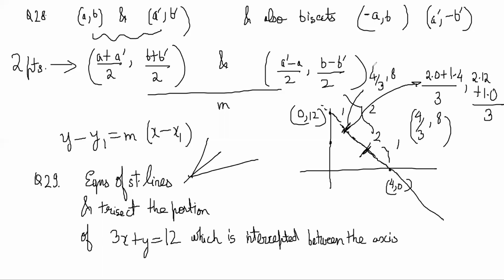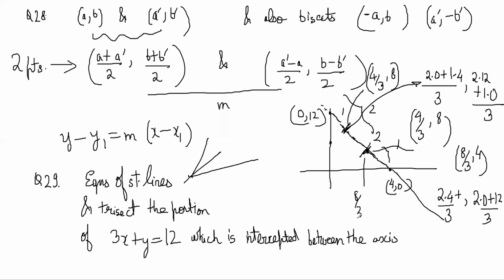And the other point, in the ratio 2 is to 1: (2 into 4 plus 1 into 0) by 3, comma (2 into 0 plus 1 into 12) by 3. So this is (8/3, 4). This is (4/3, 8). This is (8/3, 4).